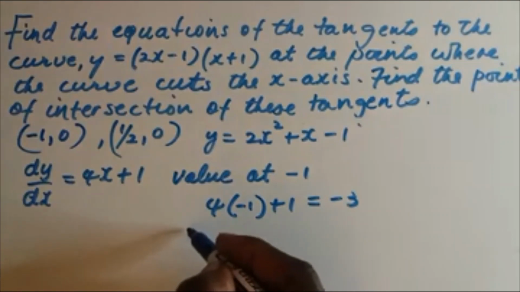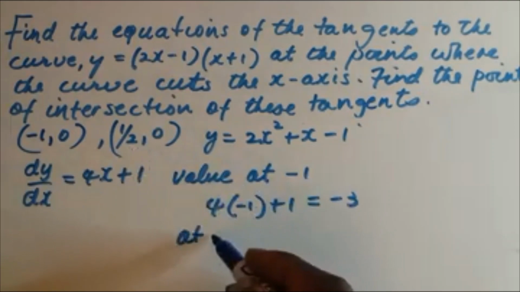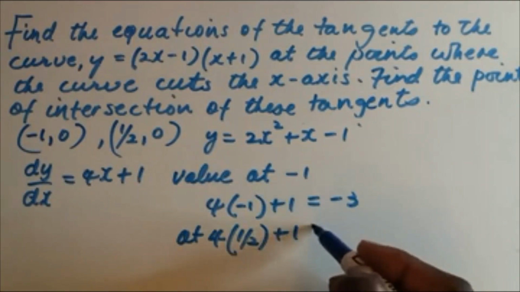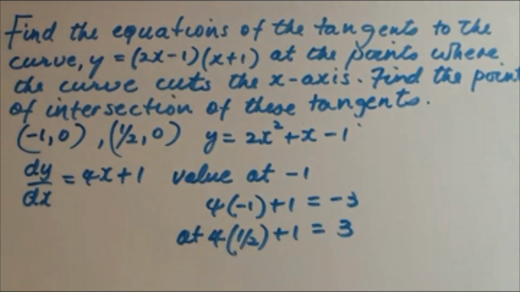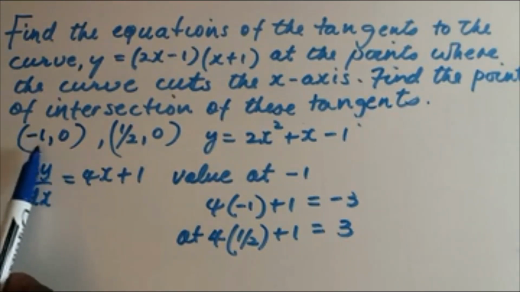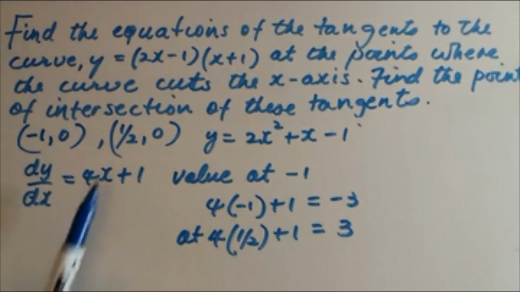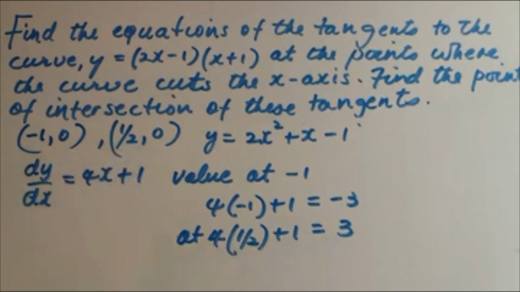And at a half would be 4 times a half add 1, which gives us 3. So we know the gradient at this point, -1, 0, is -3, and the gradient at a half, 0, is 3.